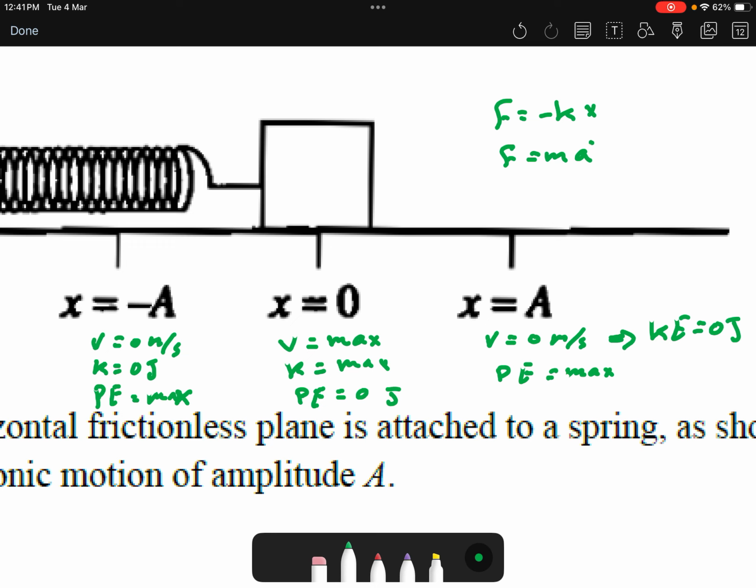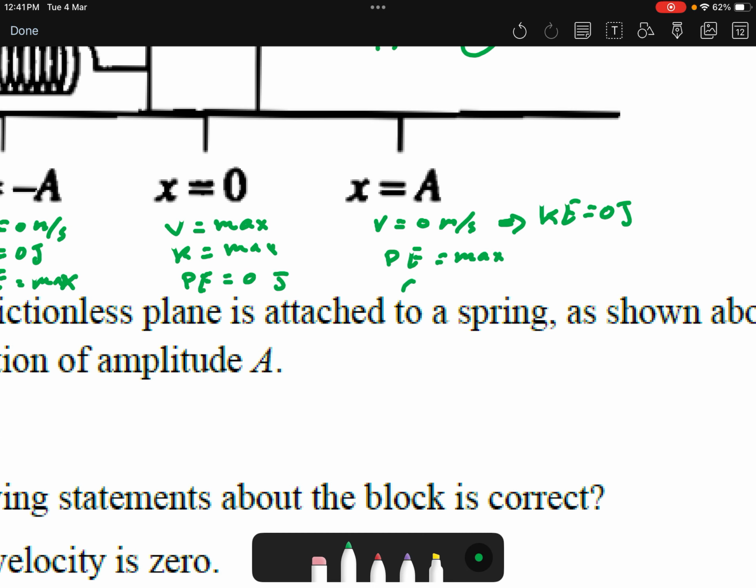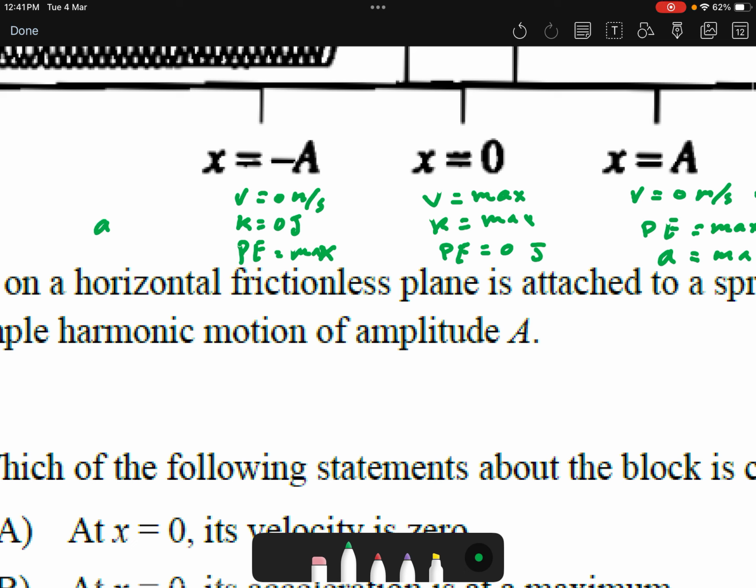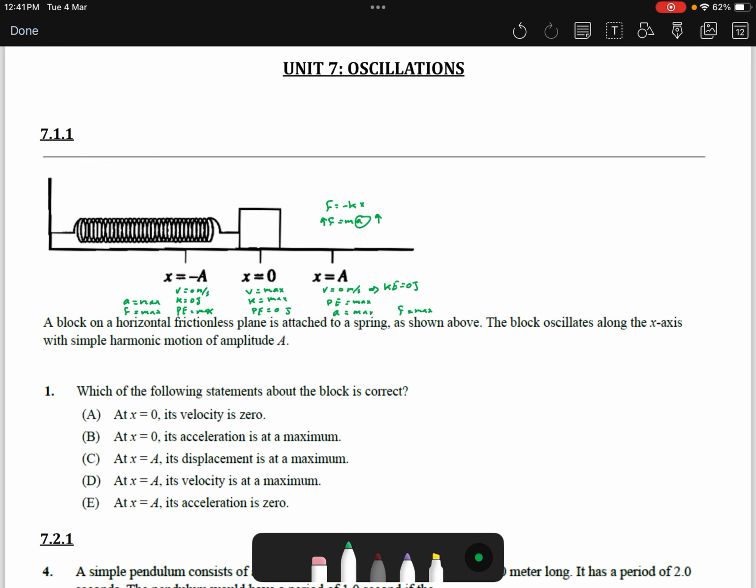So the acceleration is maximum when the force is maximum. Then we can say at the ends, acceleration is max, and force is also max. So it is not right.